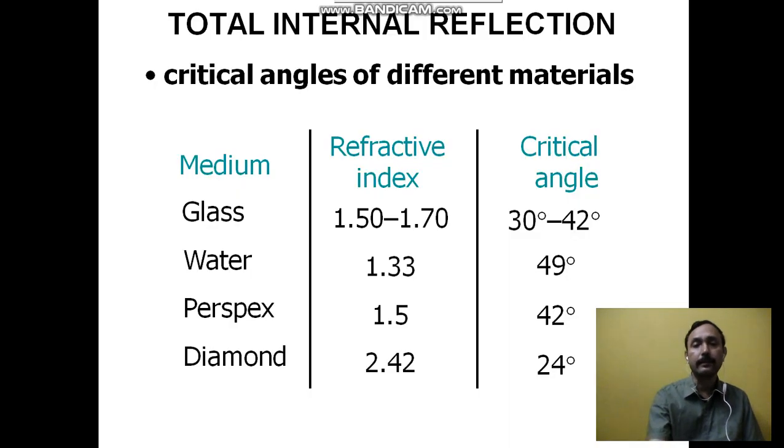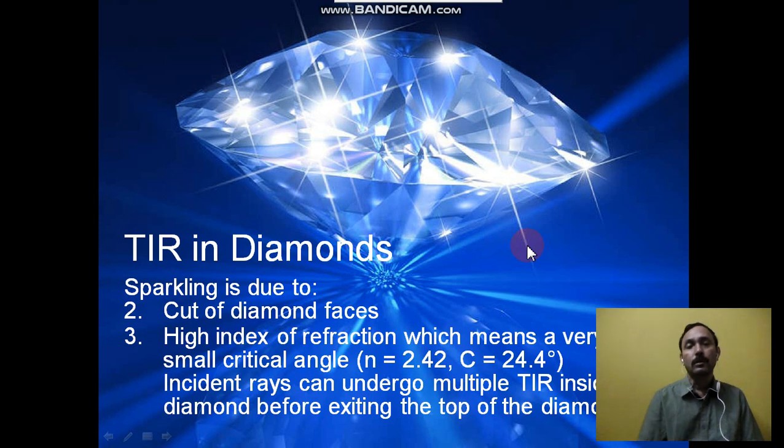Here you can see diamond, its refractive index is 2.42 and critical angle is very small, 24 degrees, compared to others. So high index of refraction means a very small critical angle.